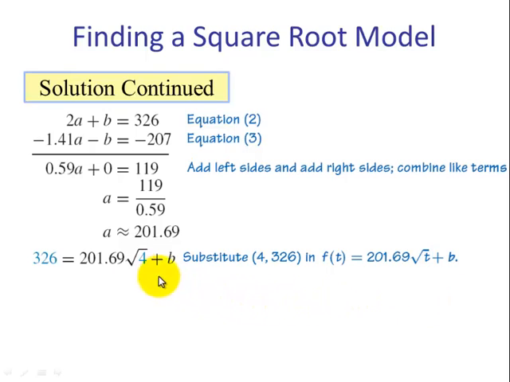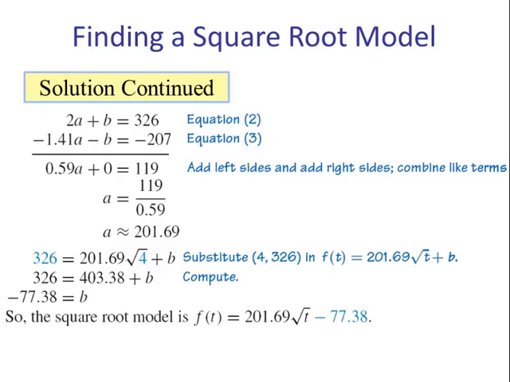Plugging this value in for a, and then using the square root of 4, we have this equation. Next, we can compute this value, so this will be 2 times 201.69, and we get 403.38. Then we want to subtract that from both sides, and we get b as negative 77.38.